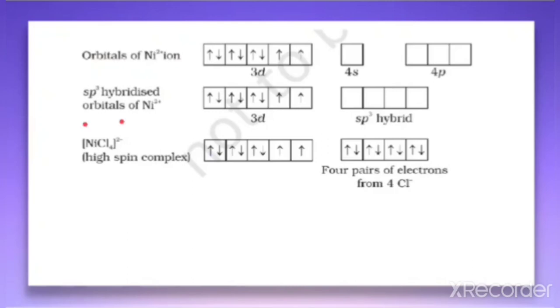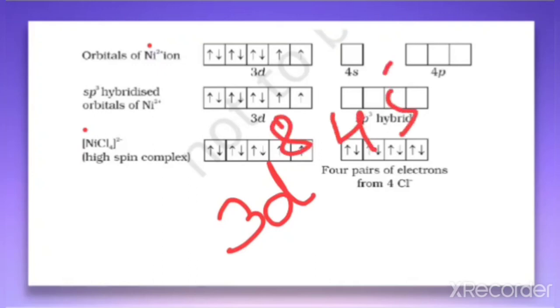NiCl4 2 negative. Here the central metal ion is nickel ion. So what is the oxidation state of nickel in this? That you have to find it out by using the X method, that is Ni2 plus. Oxidation state here, it is 2 plus. As we know that the ground state electronic configuration for nickel, because its atomic number is 28, is 3d8 4s2.